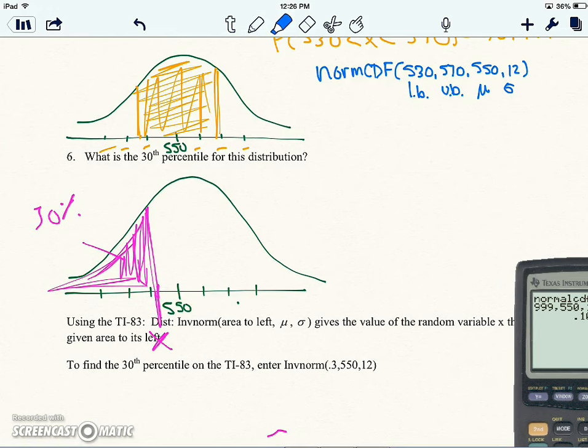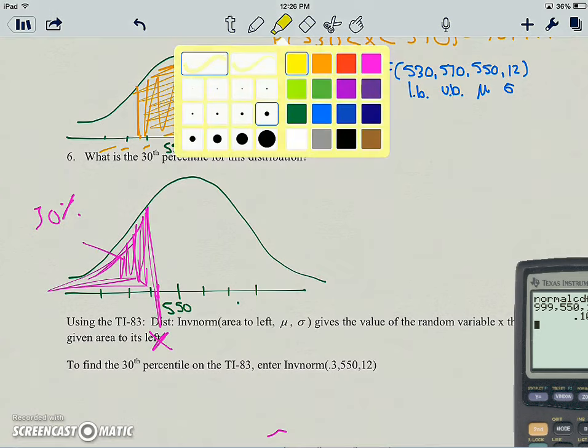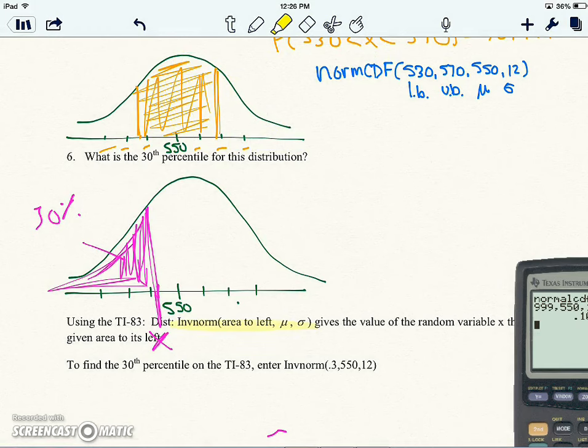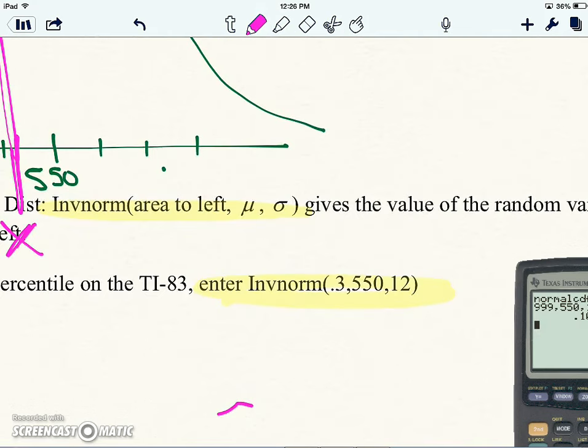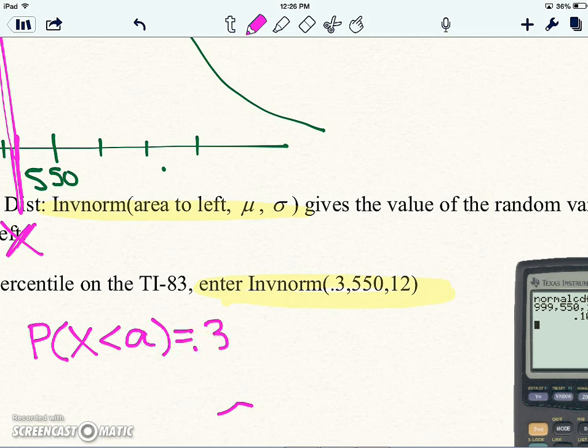So instead we're going to use something different, which is inverse norm. Alright, and what we put in the calculator is this right here. And we would have to state our problem. We want the probability of x less than some number a being equal to 0.30. And then we put this in our calculator.